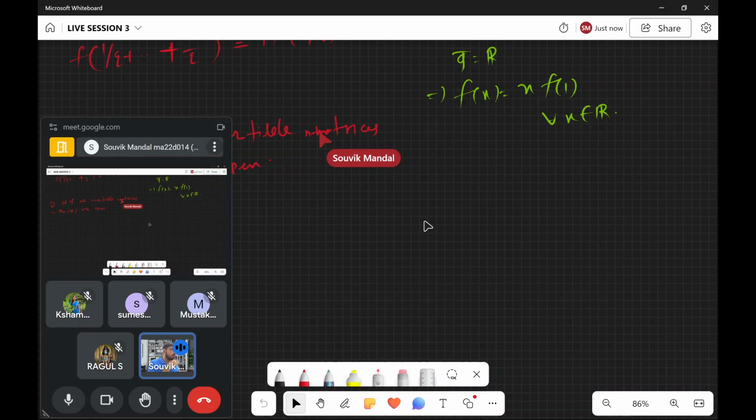When you need to choose some function f from M_n(R) to some space such that f inverse of something equals this set, so this is what you need. Now try to figure out some function from M_n(R) somewhere.